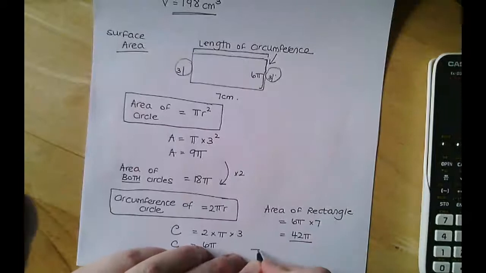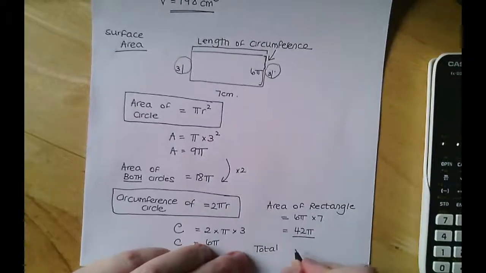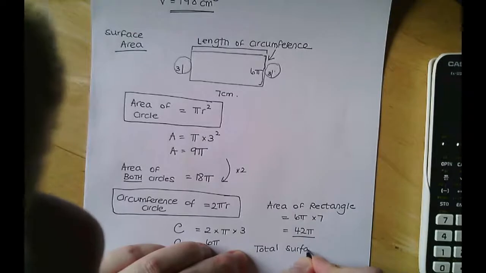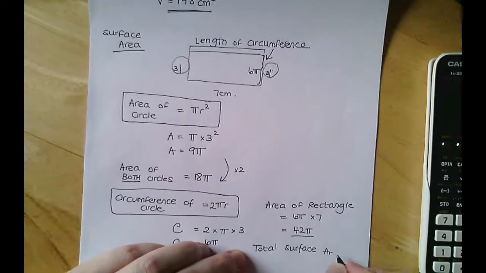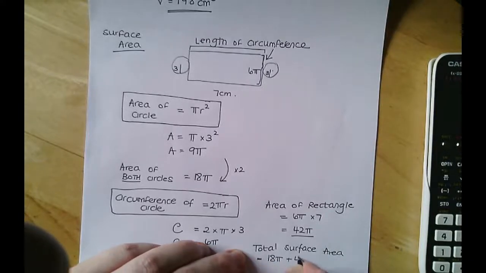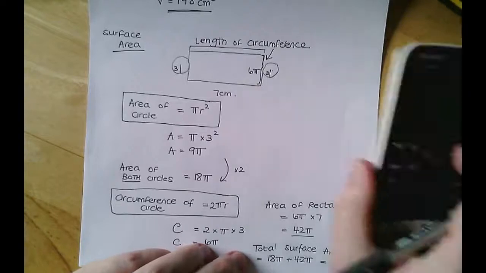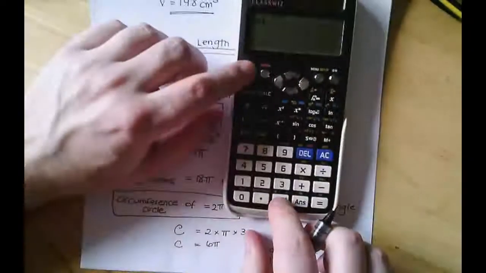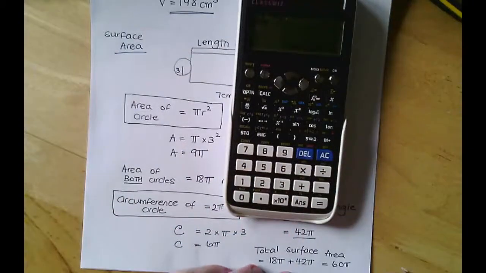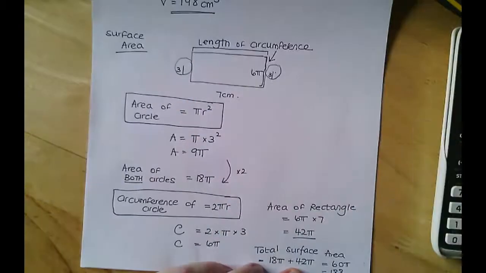So the total surface area gives you 60 pi, which to 3 significant figures is 188 centimeters squared.